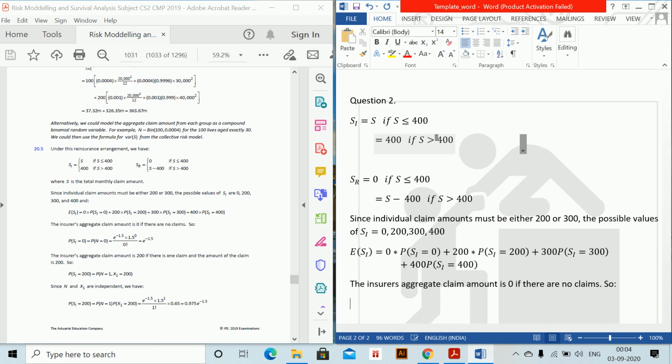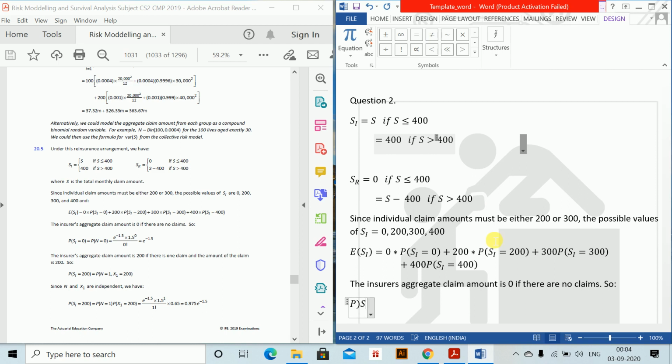So the probability of S_I equal to 0 equals the probability of N equals 0, which is e to the power minus 1.5 times 1.5 to the power 0, all divided by 0 factorial. Okay, so that is equal to e to the power minus 1.5.